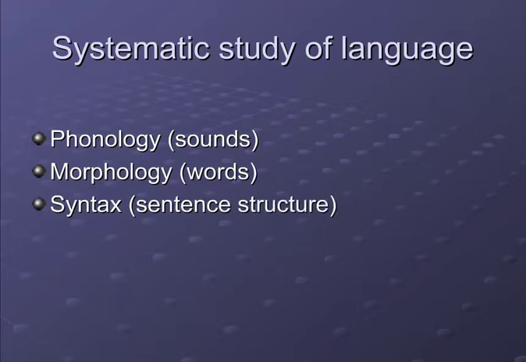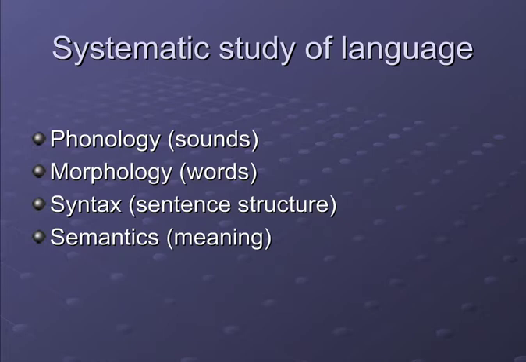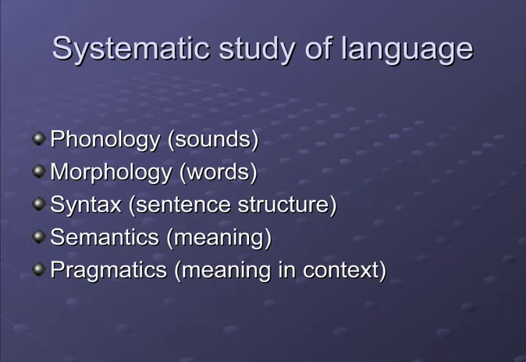When we study syntax, we look at sentence structure, and that means we look at how words appear in what order, and there are of course morphological endings that you also have to have that match. So it might be I play football or I am playing football. When we study semantics, we are studying meaning, and when we study pragmatics, we are studying meaning, but within a kind of context.